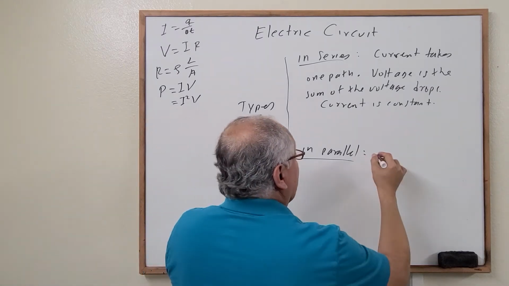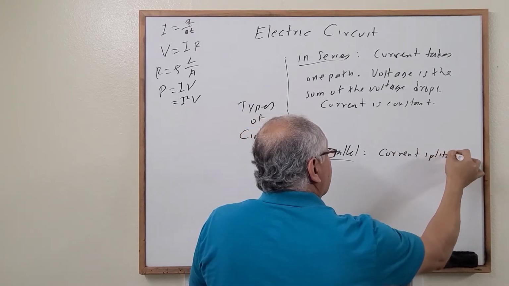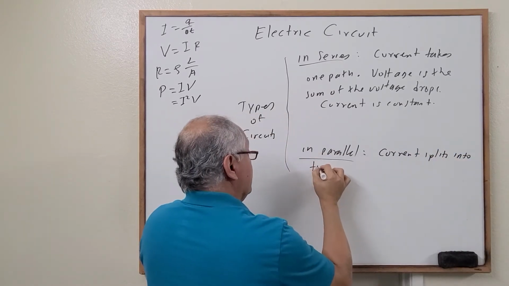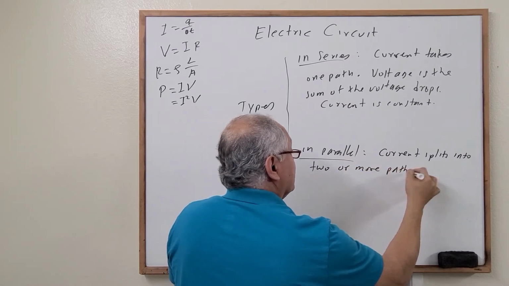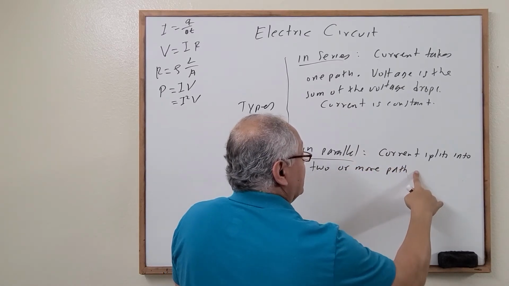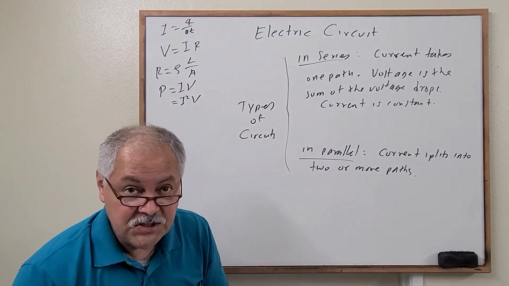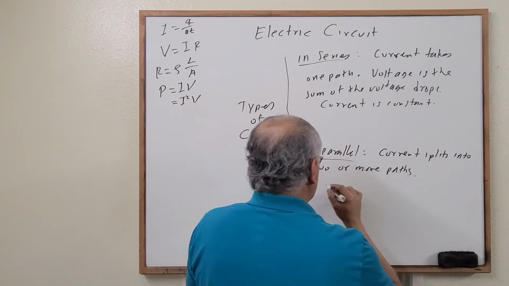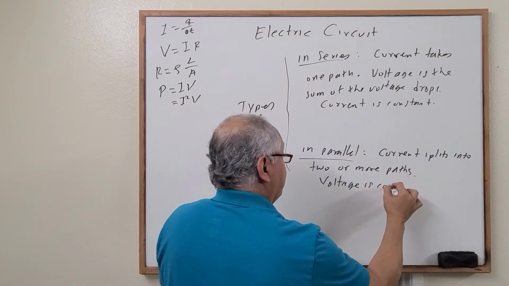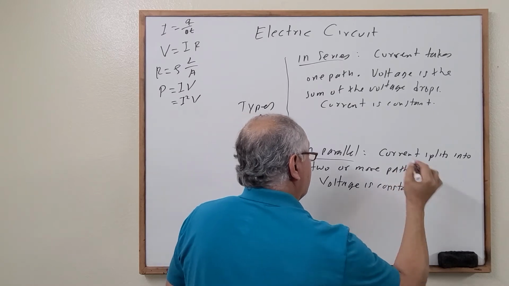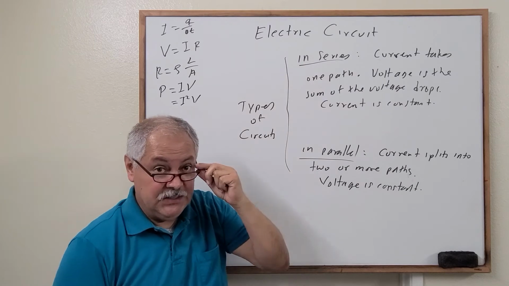In this case, current splits into two or more paths. And right here, voltage is constant. Okay, let me go and explain circuits in series.